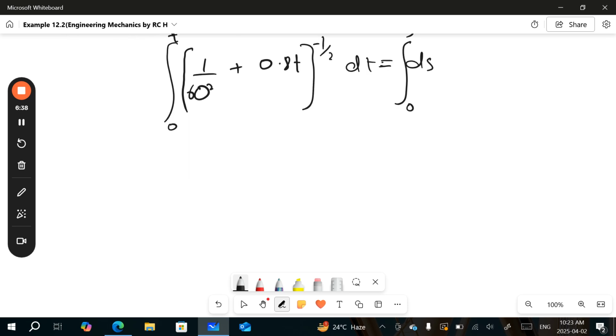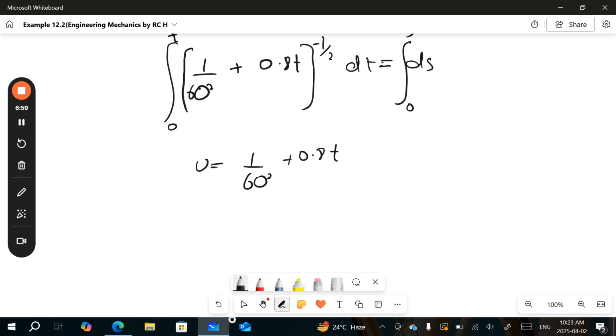Now we have to solve this. First we will solve this step by step. Here we can substitute u is equal to 1 by 60 square plus 0.8 t.